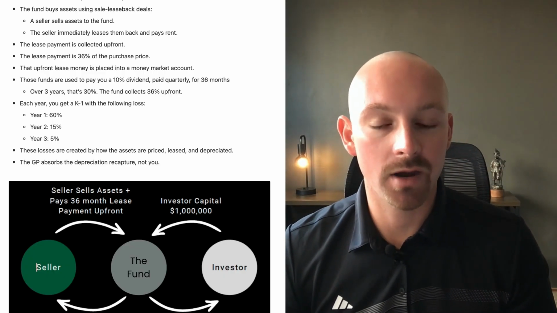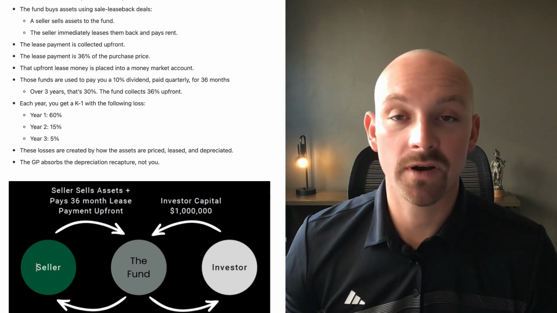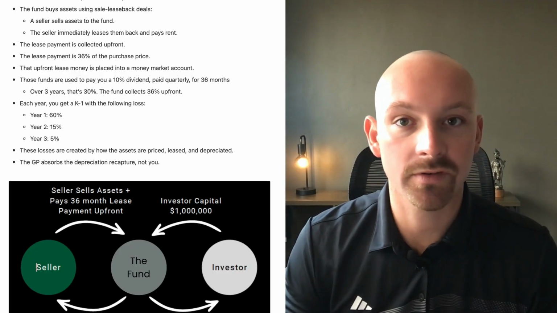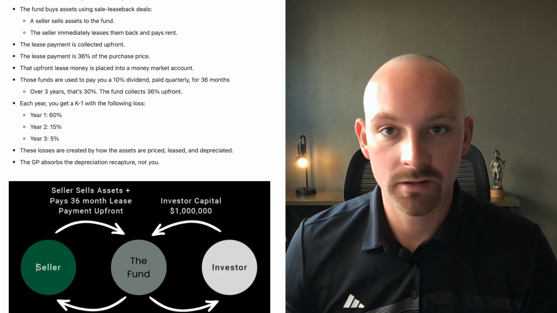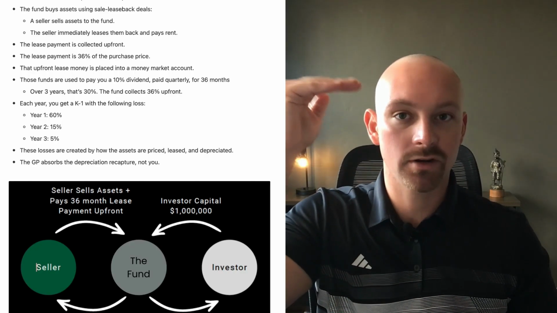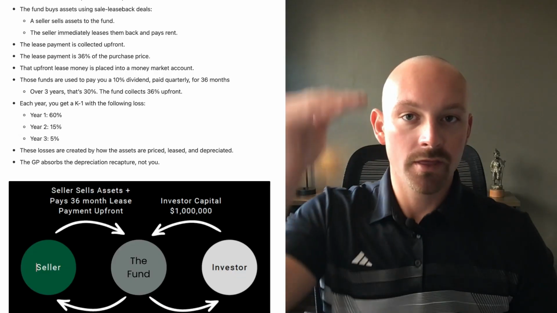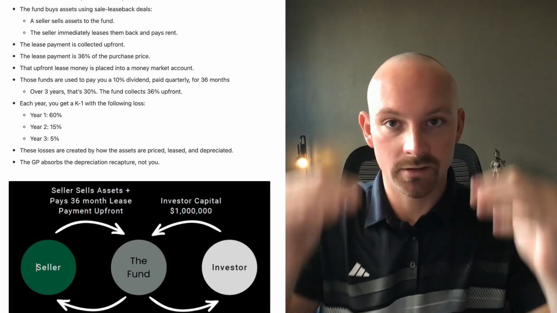That upfront money is collected and put into a money market account. Those funds are then going to be used to pay you a 10% dividend, paid quarterly for 36 months. So over 3 years, it's 30%. So think about this. The fund collects 36% in lease payments of whatever the purchase price is, but they pay you 30%. So there's a 6% spread.